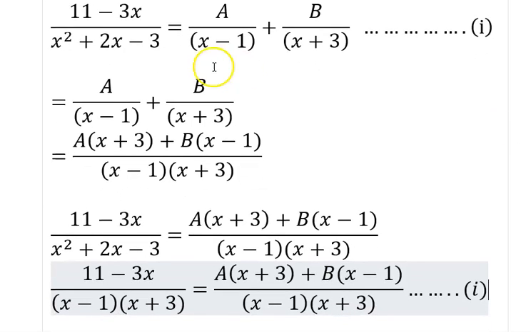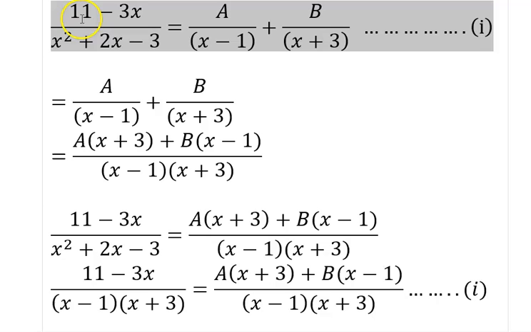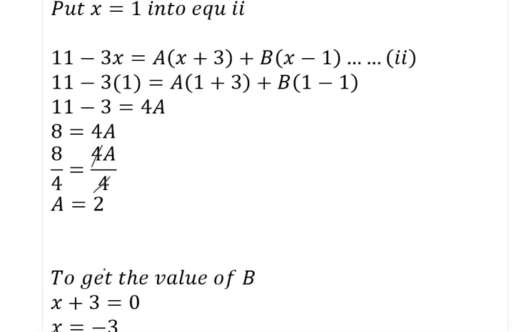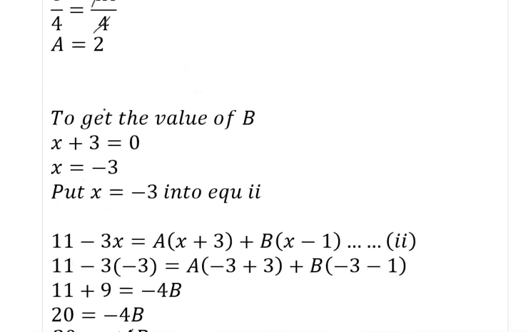Looking at this, we're able to factorize this that we have here down here, so it is still the same. Anyhow you want to put it, you are still correct. So let's put our value of a and b into equation 1.